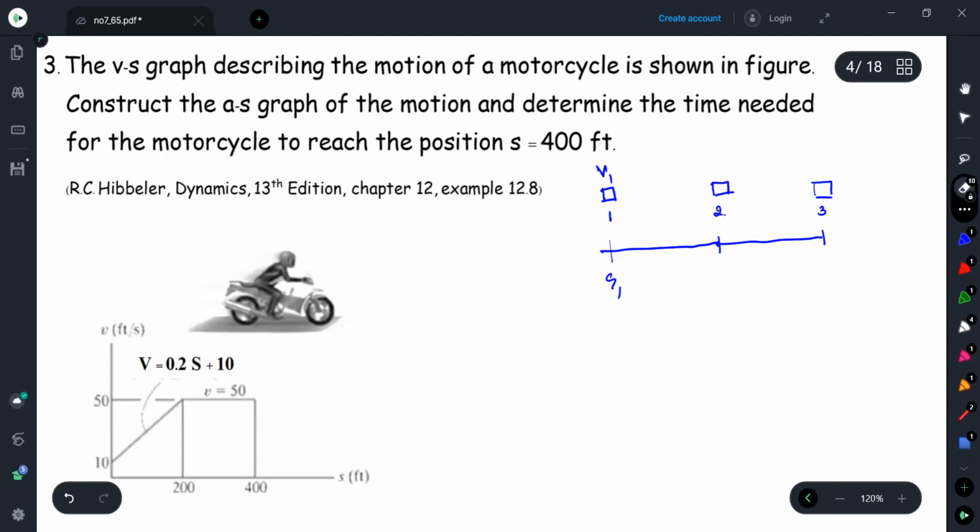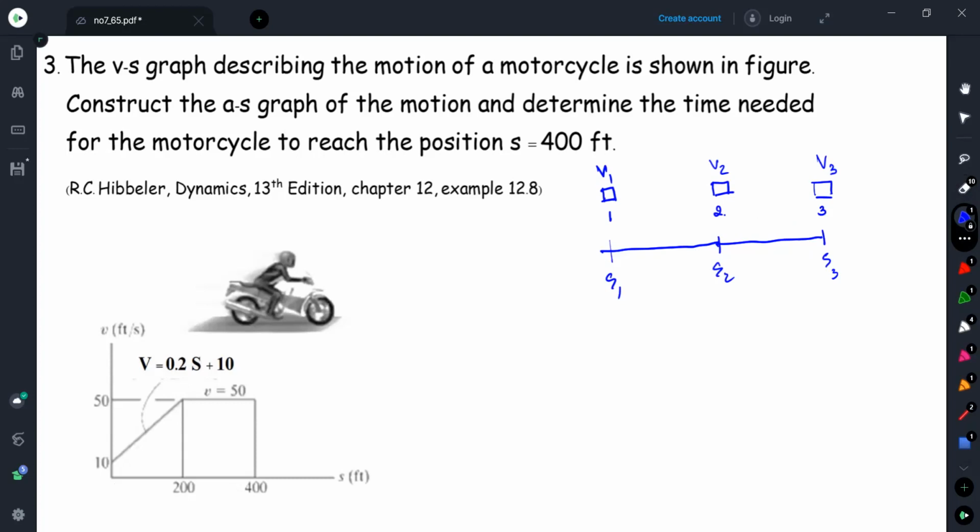For the second position, we have V2 and S2, and for the third position, we have V3 and S3. So for this case, we do not have the data for velocity and time. We have the data for velocity and distance instead.